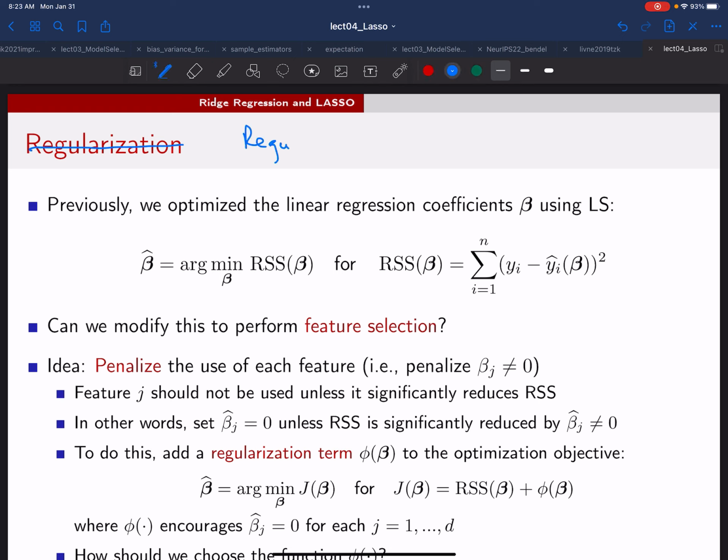Okay, and again, the intuition is we're going to add another term so that if you use the feature, the penalty goes up, and the RSS is going to have to decrease significantly in order to justify using that feature. So set beta j equals 0 unless the RSS is significantly reduced by a non-zero beta j hat. So instead of minimizing just RSS, we'll minimize a cost J, where J is RSS plus phi, and this phi encourages the betas to be 0.